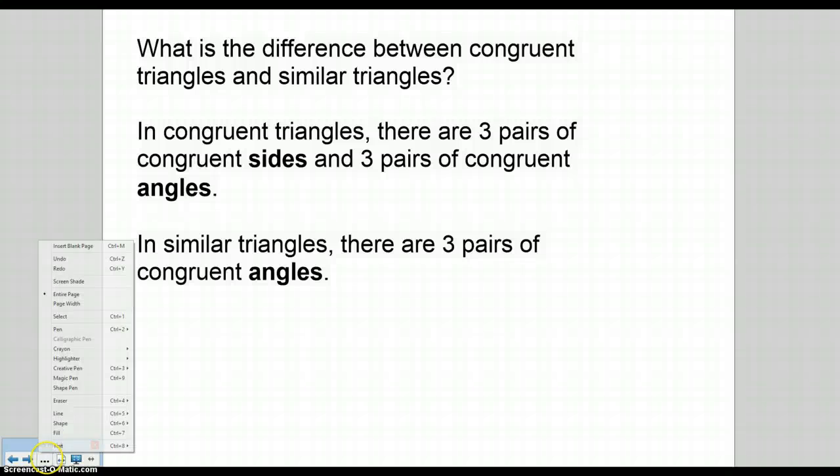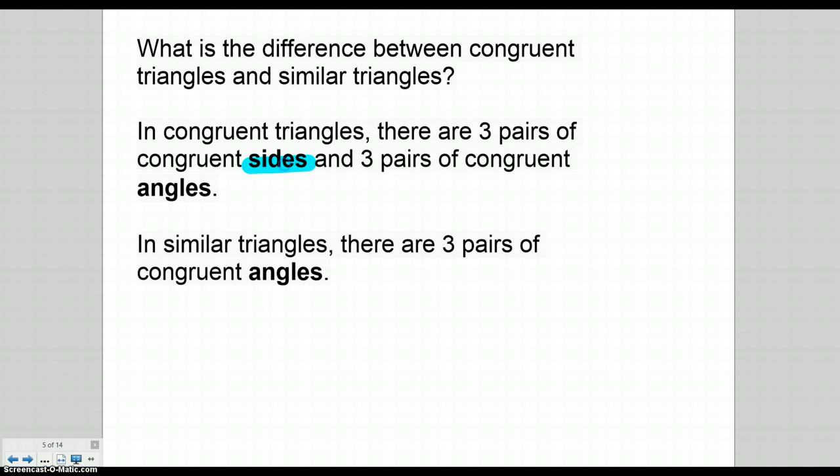In congruent triangles, you have to have 3 pairs of congruent sides and 3 pairs of congruent angles. So the side lengths of your triangle have to be 3, 4, 5, and your angles have to be 30, 60, 90 for both triangles. In similar triangles, you only need 3 pairs of congruent angles.